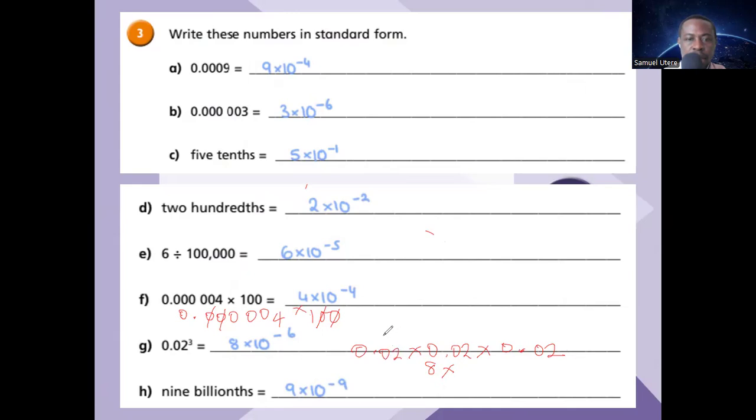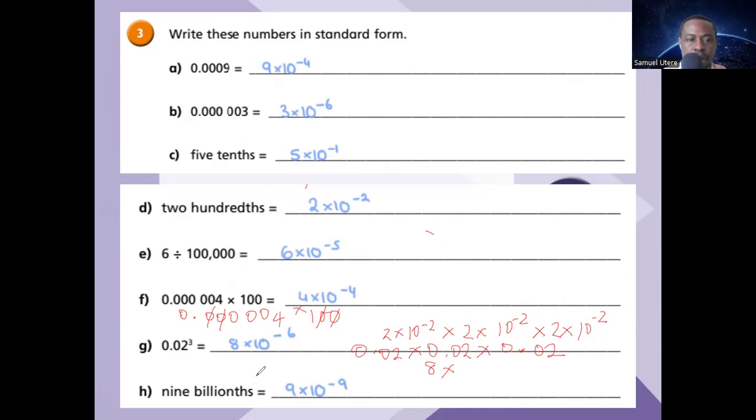So it's like saying 2 times 10 to the power negative 2 times 2 times 10 to the power negative 2 times 2 times 10 to the power negative 2. Now, when you multiply the 2's and you add the negative powers, you will have 10 to the power negative 6.